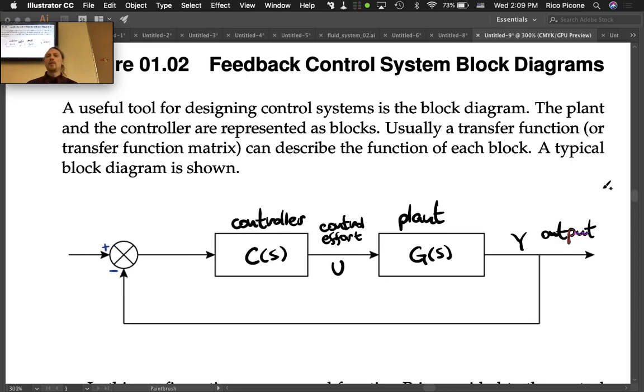This is the variable we want to control. Assuming it's a single output system, we want to control that output. Maybe there are multiple outputs, and we want to control multiple outputs. But we're going to focus on single input, single output plants. And if you do the Control 1 course in the fall, we'll talk about multiple input, multiple output plants.